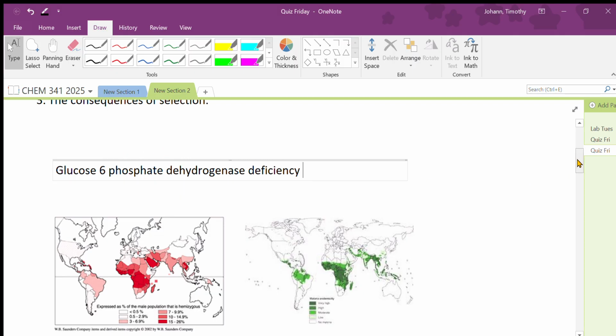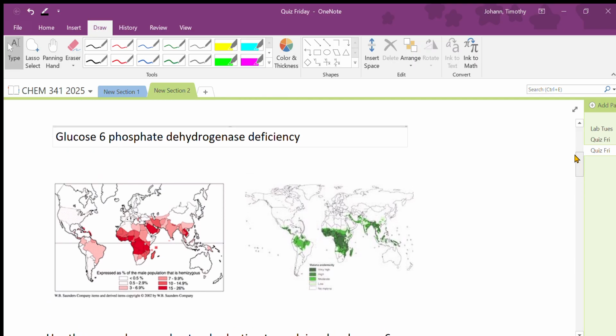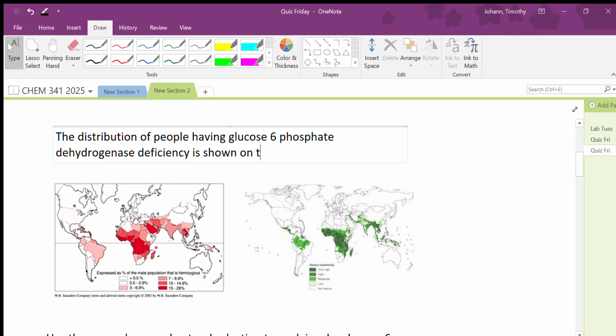The distribution of people having glucose-6-phosphate dehydrogenase deficiency is shown on the red map.